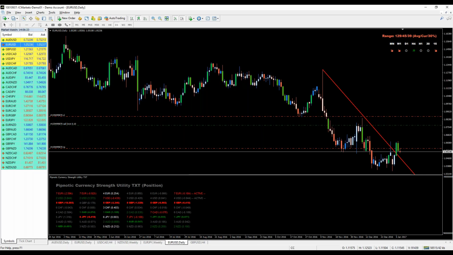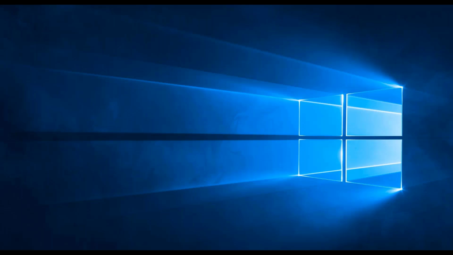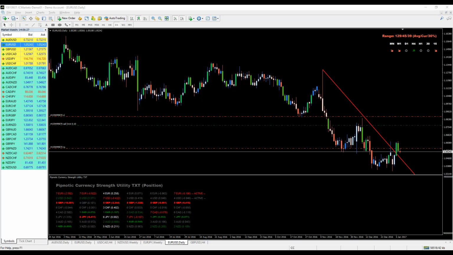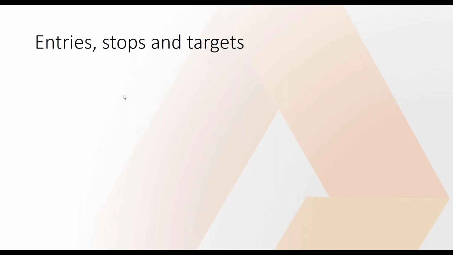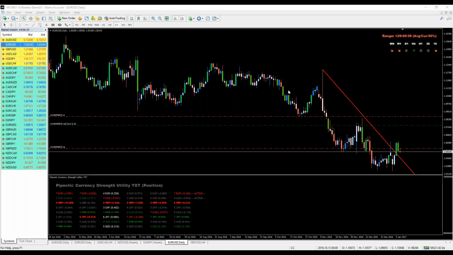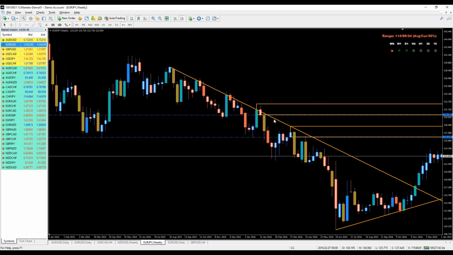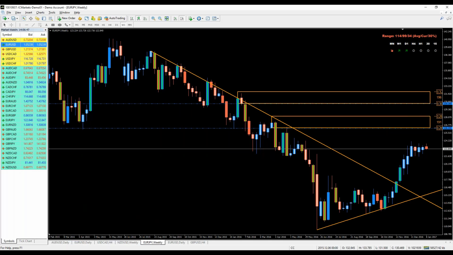Okay. So if we go back to the slides, we're going to have a look now at entries, stops, and targets. If you look at a price chart, you identify an area that you want to sell at. We won't go into detail with that just yet, but for the sake of example, we'll show this price chart.